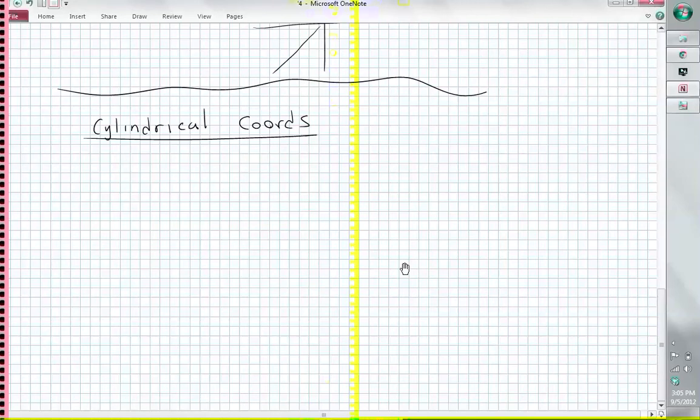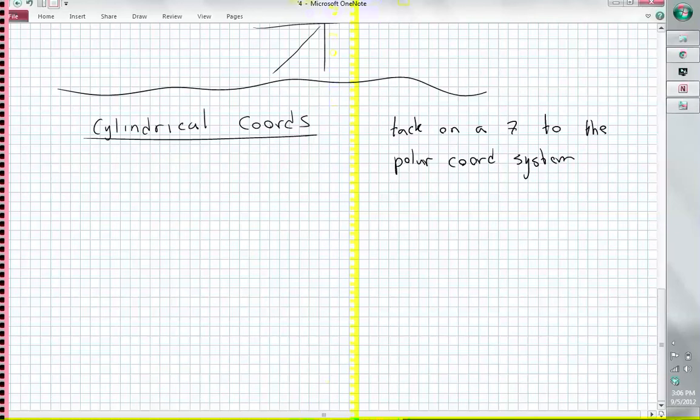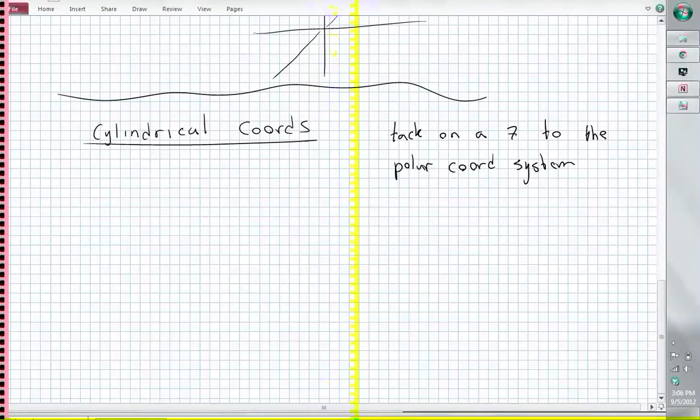It's not a super thought-provoking coordinate system. If you understand polar coordinates, you just tack on a z. Not super elegant either, but it has its purpose.